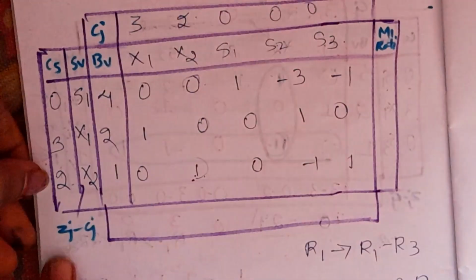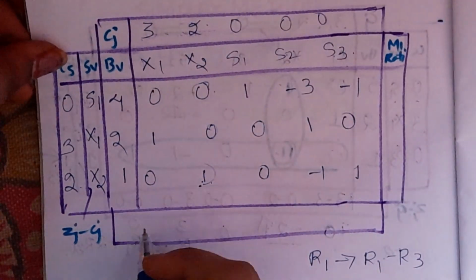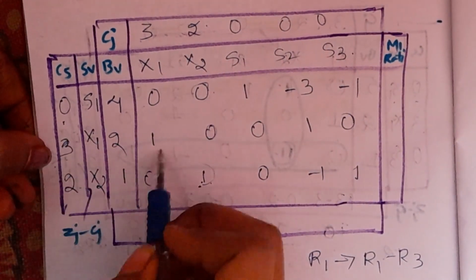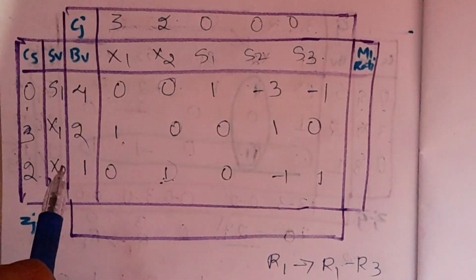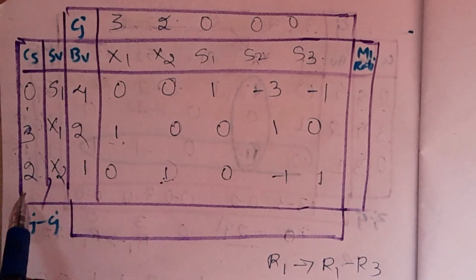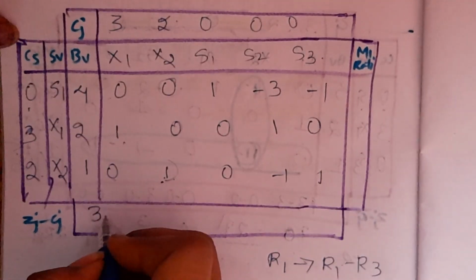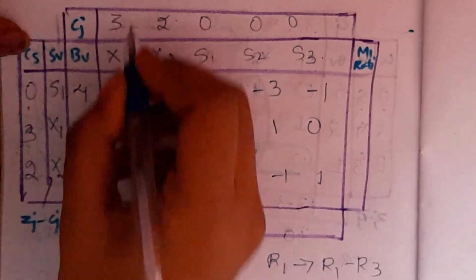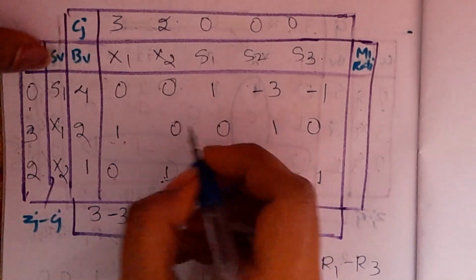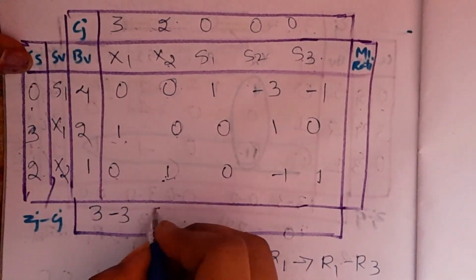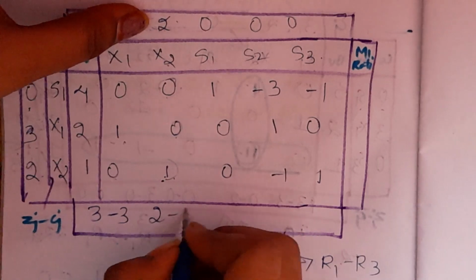Now we have to do the Zj minus Cj row. 0 into 0, 0. 3 into 1, 3. 2 into 0, 0. So we will get 3, minus 3. Next x2: 0 into 0, 3 into 0, 2 into 1, 2, minus 2.